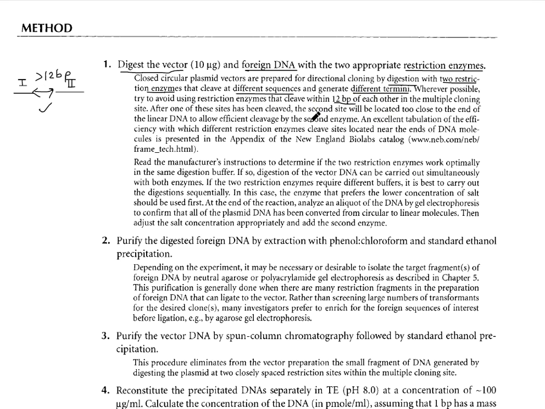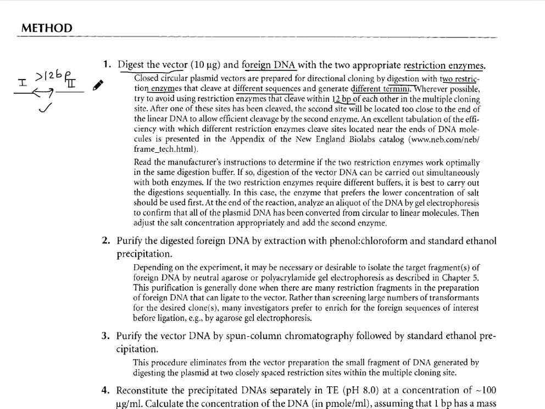And if the second site is located too close to the first site, then what will happen? You will write it in the comment box what will happen if there is less than 12 base pair difference between the two restriction sites.